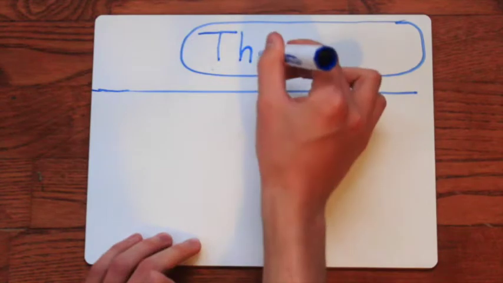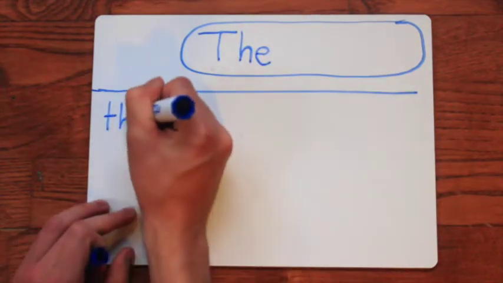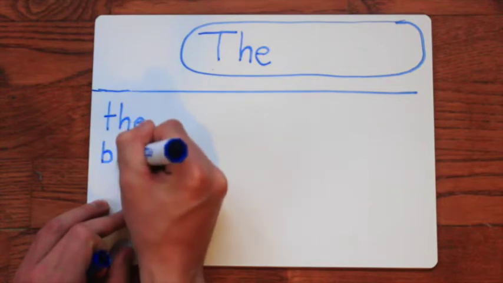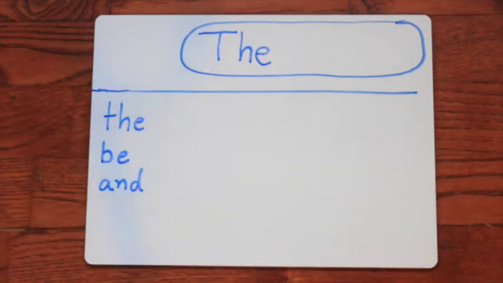Let's say I've just typed the word the, and I want to see what comes next. Our program is going to suggest the, be, and again, because those are the most common words. But I probably wouldn't be using those words after the, right? I wouldn't write the, be, or the, and. So we need something else in our program.